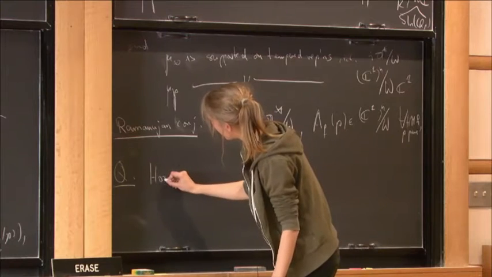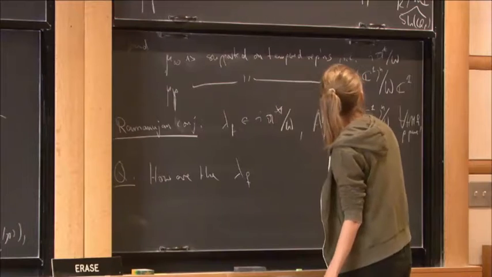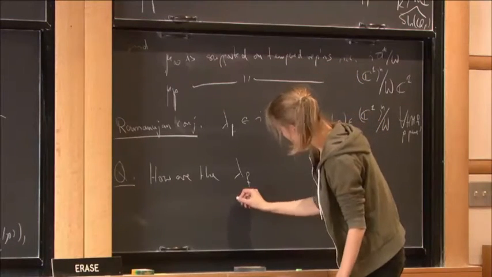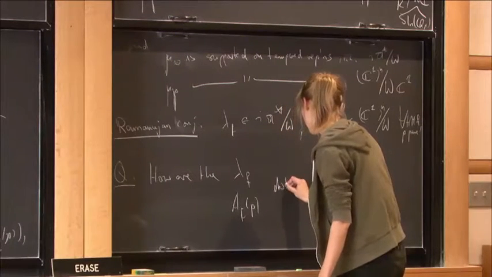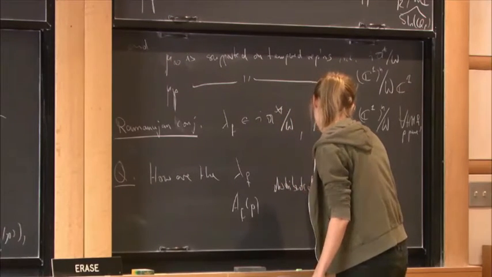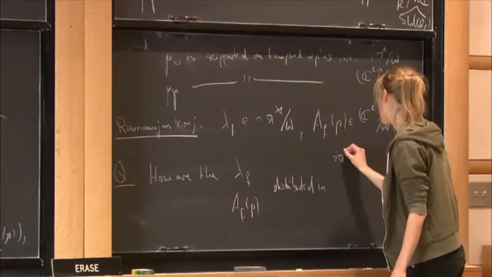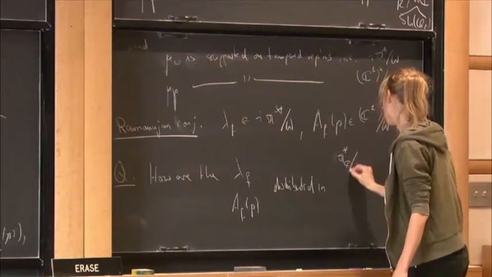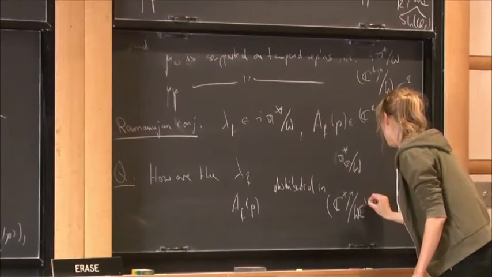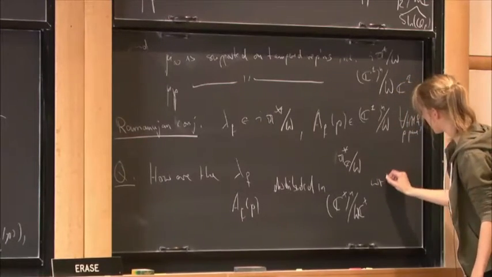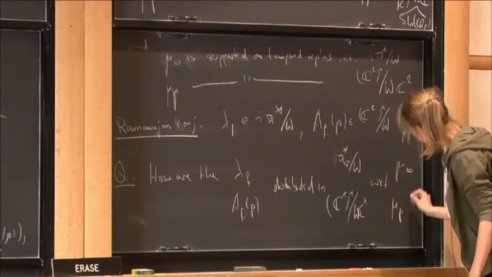So how are the lambda_f and the A_f(p) distributed with respect to mu_infinity and mu_p?